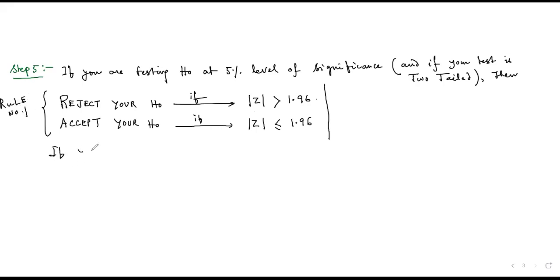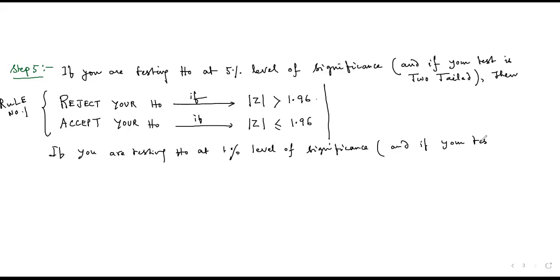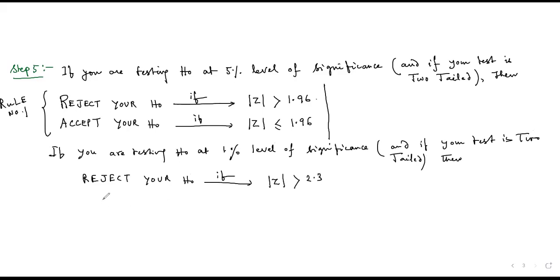If you are testing H0 at 1% level of significance, and if your test is two-tailed, then reject your H0 if mod Z is greater than 2.33.